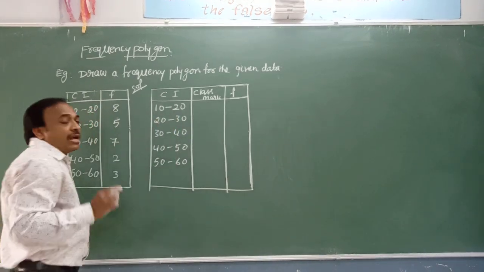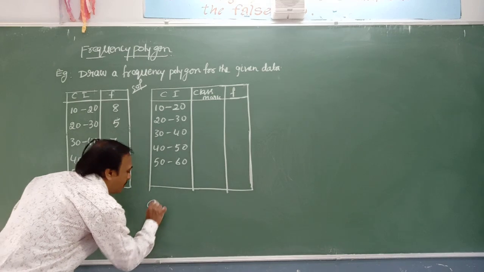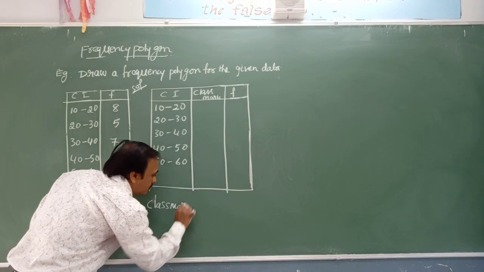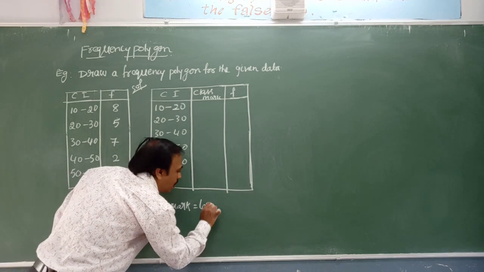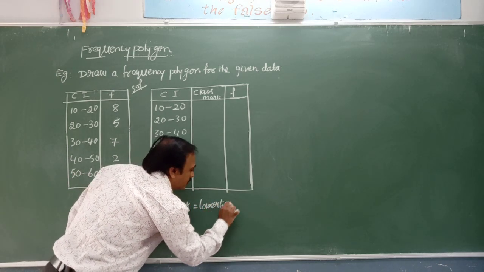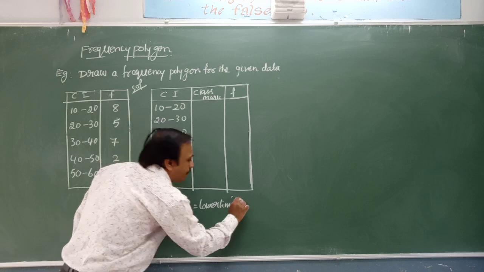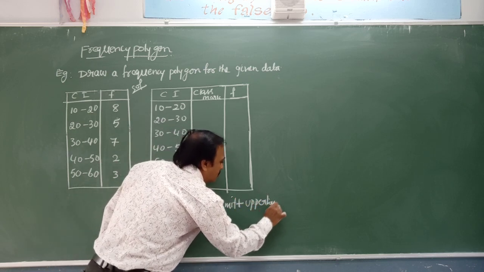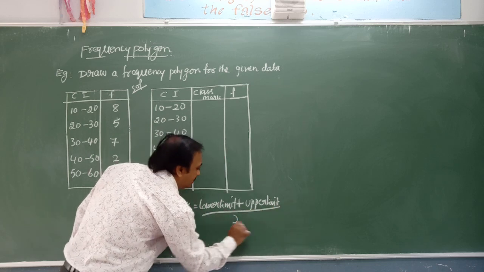Now the class mark you need to calculate. What is the class mark? Class mark is equal to lower limit plus upper limit by 2.